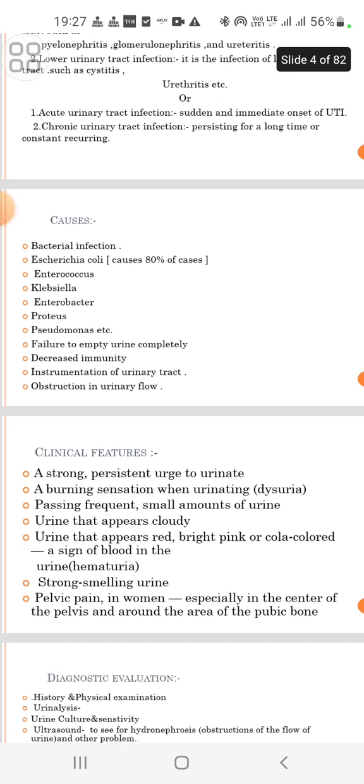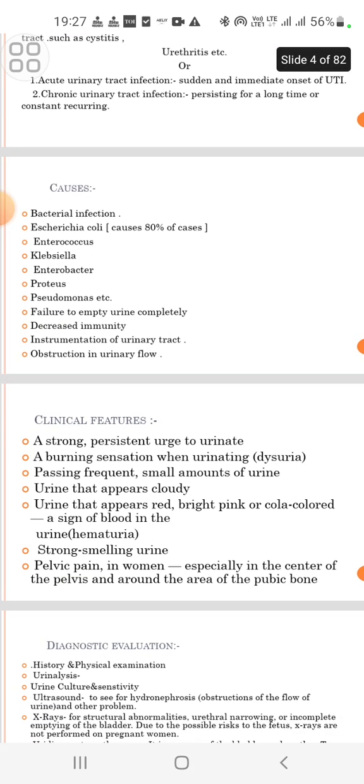But here, due to the infection, the urine looks cloudy. And if blood is present, then the urine appears red or bright pink, depending on how much blood is present in it. Technically it is called hematuria.